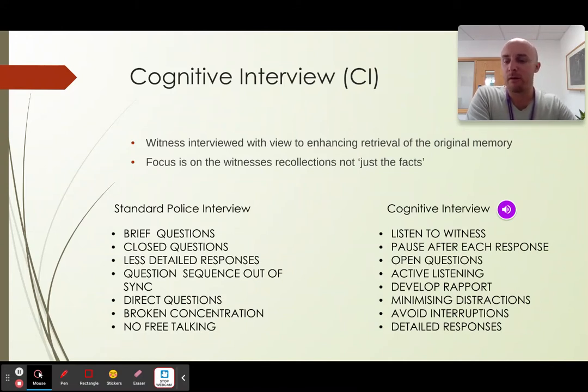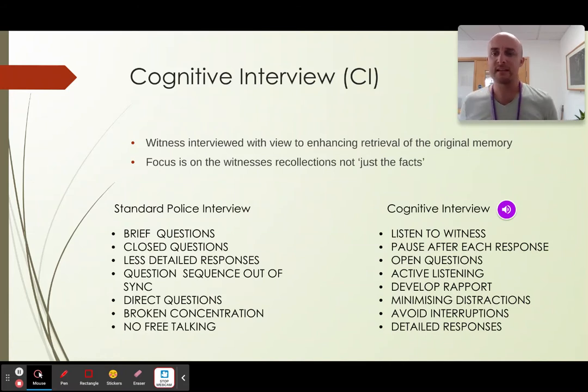Cognitive interview is about minimizing distractions to be able to give the person the ability to recall as much as possible. And you are encouraged to give as detailed responses as can possibly be. So there is no time limit to cognitive interview. Clearly, the cognitive interview is way more skilled than the standard police interview.